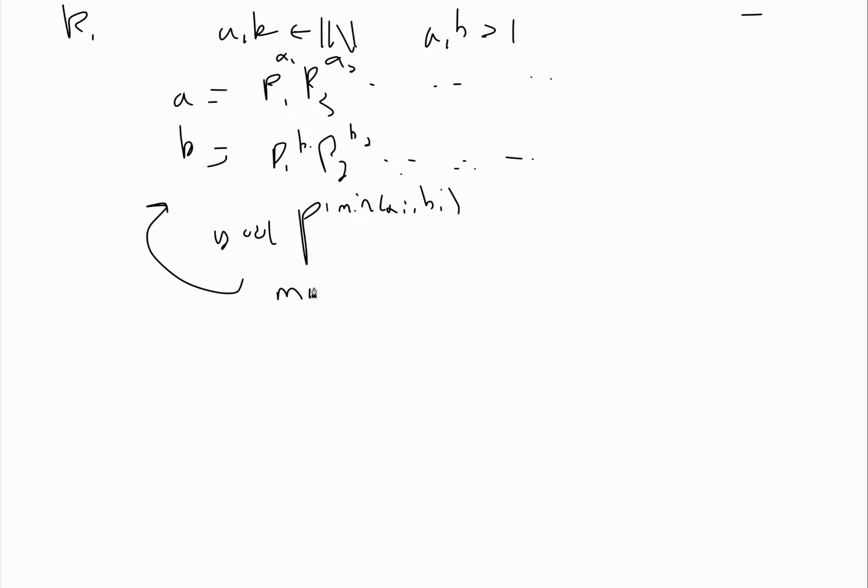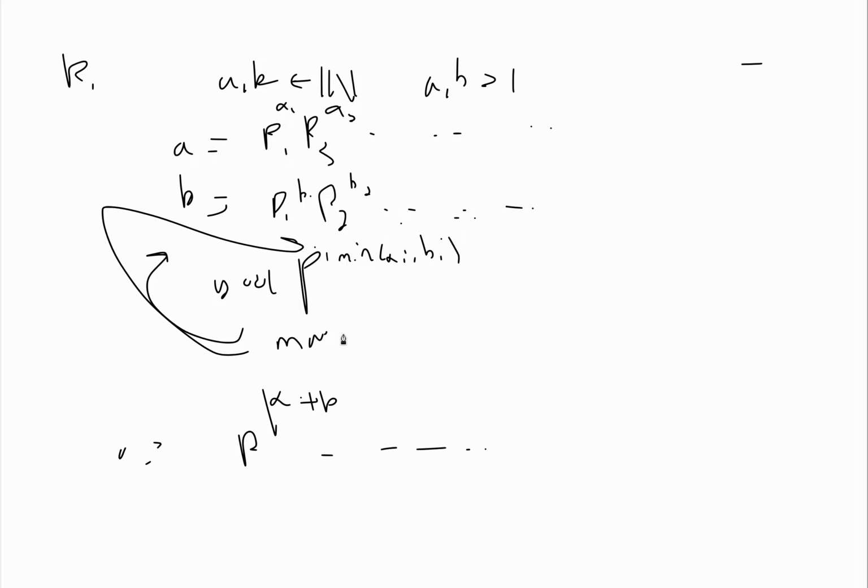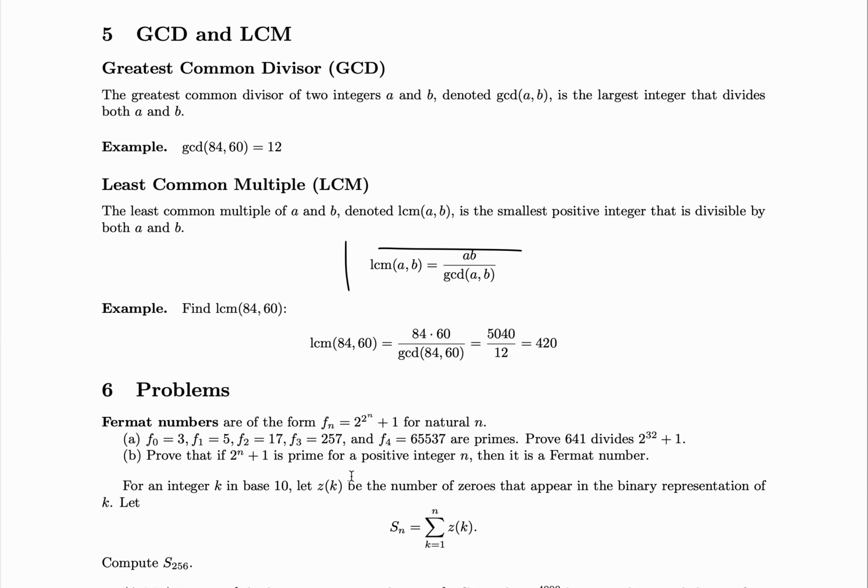If you take the maximum, we know that the polynomial of this form fits into this. Then it doesn't matter what order, whether a is greater than b or b is greater than a. By the lemma, we're going to find that ab is equal to LCM times GCD. So this is how it's denoted.